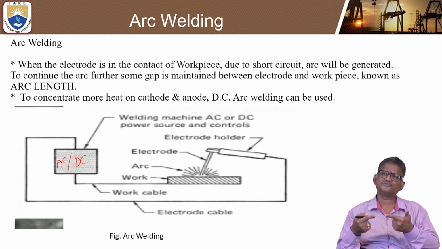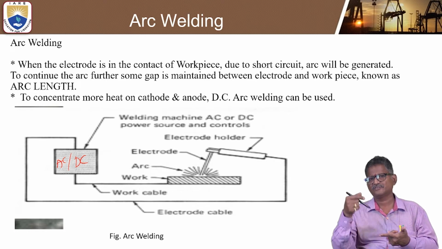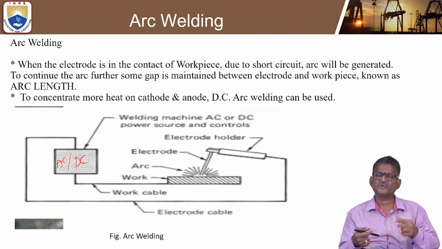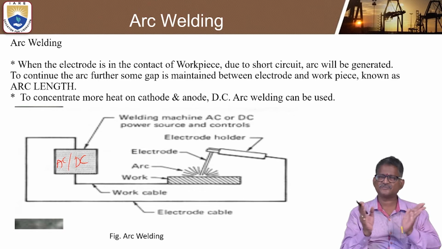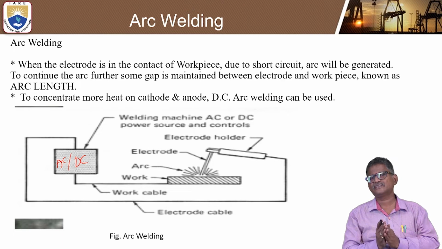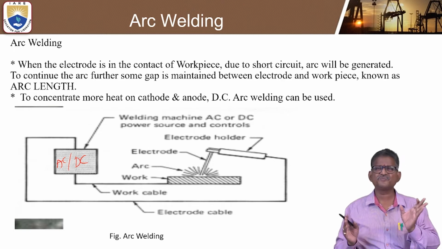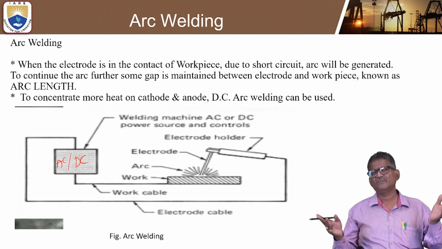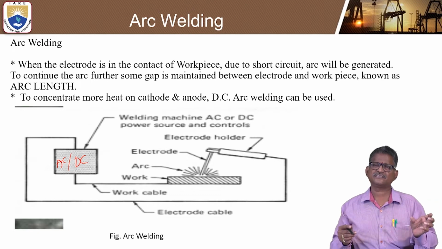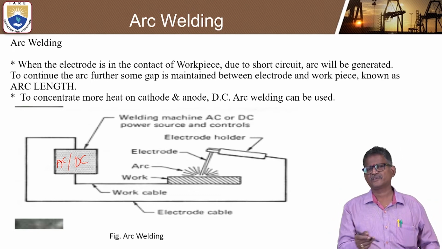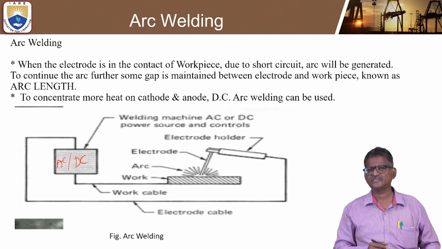The two plates or two sheets or two workpieces will be kept together, and when you touch the electrode and apply the AC or DC supply, the spark and arc can be generated, so that the joining can be done effectively. Okay, and it is a very simple process. Everywhere in the villages or any street, they can take one AC or DC generator, and the workpiece cable can be kept in the earth, and positive and negative terminals can be done easily.